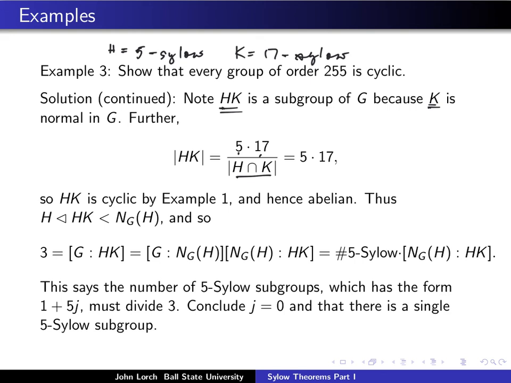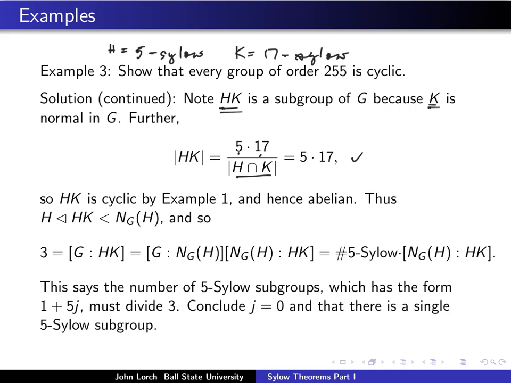But because H and K are of prime size and those primes are distinct, we know that the size of the intersection just has to be 1. Okay, so the size of the subgroup HK is 85, or 5 times 17.